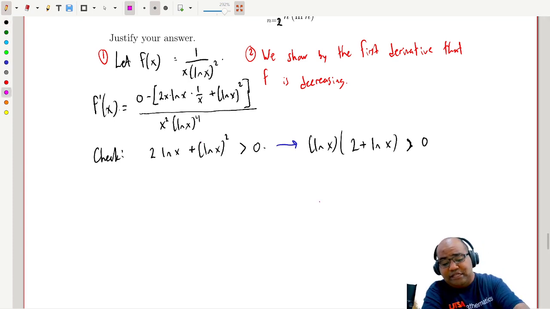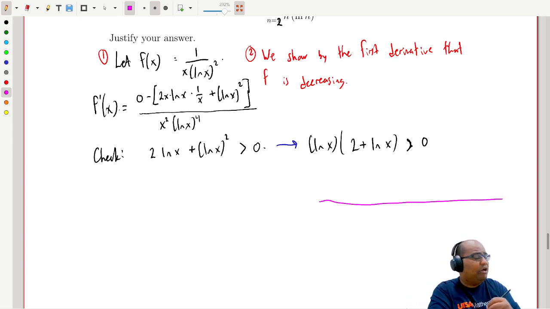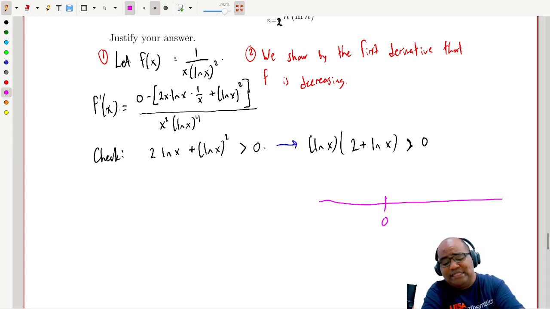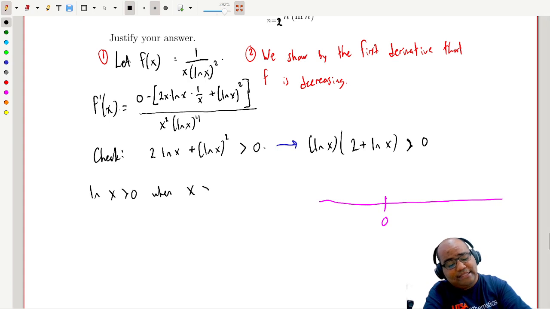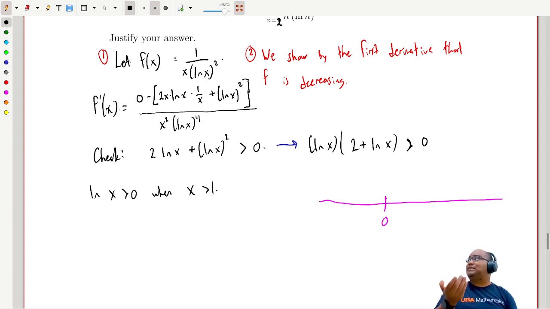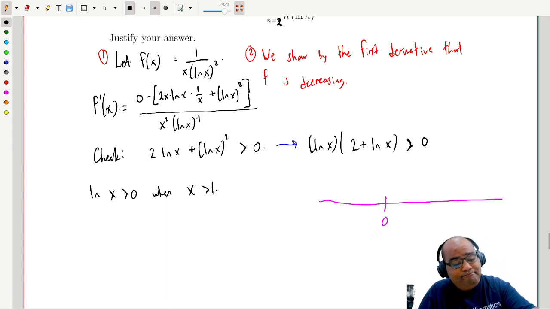So we're going to go ahead and build a little sign chart here. Now, think about it. Log x is positive when x is greater than 1. Log of 1 is 0, and then for any x bigger than 1, we have that the log of x is positive.